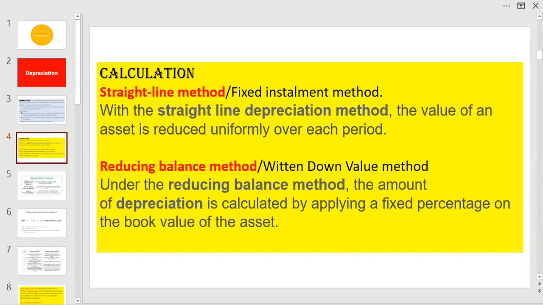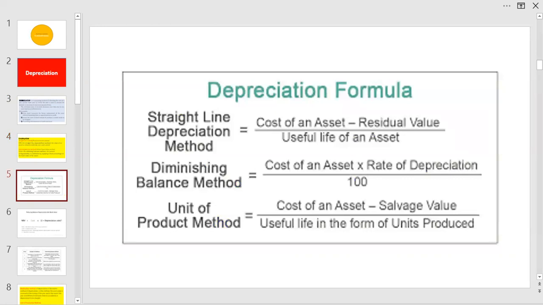Dear student, formula for straight line method is cost of an asset minus residual value or scrap value divided by useful life of an asset. Reducing balance method is book value multiplied by percentage of depreciation.